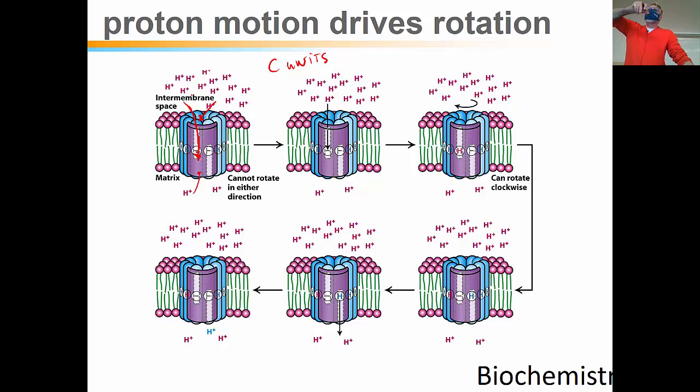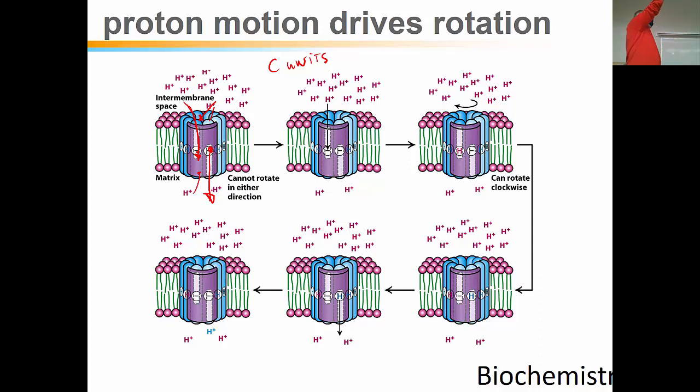And then the whole thing makes one turn, a turn of one unit. And then the second proton comes in, and then that would bind to this unit, which will then turn, and so on. And then when they get all the way around to here, they can flow through. So this acts kind of like a turnstile.